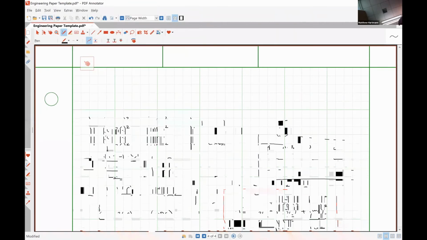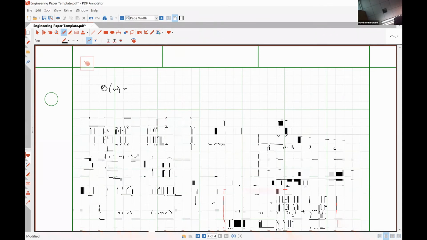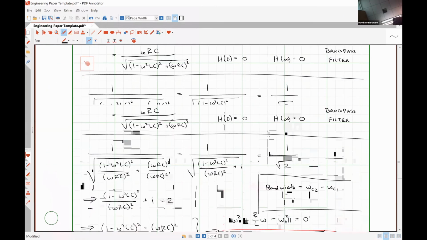All right, so now let's talk about our phase response. It's always going to be the inverse tangent of the imaginary portion over the real portion.